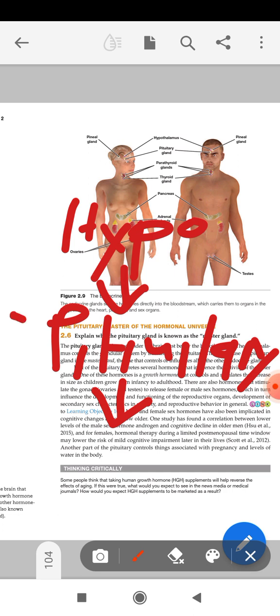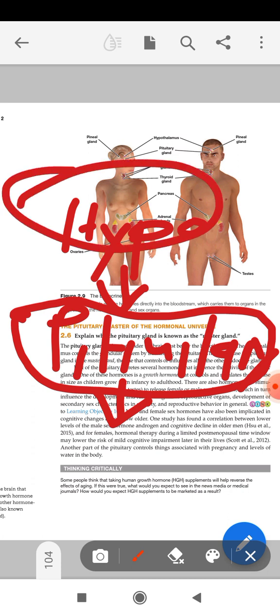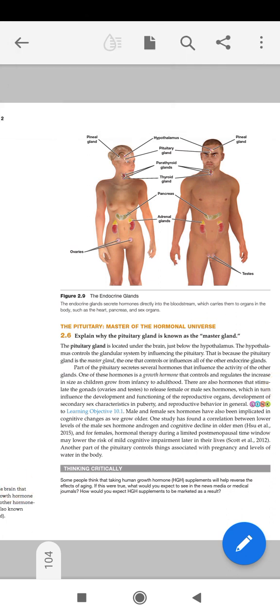It means this pituitary gland works at the top of the glands, and it is itself managed by the hypothalamus. That's why the pituitary gland is known as the master gland.